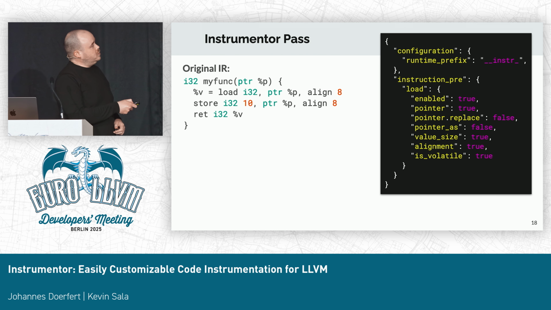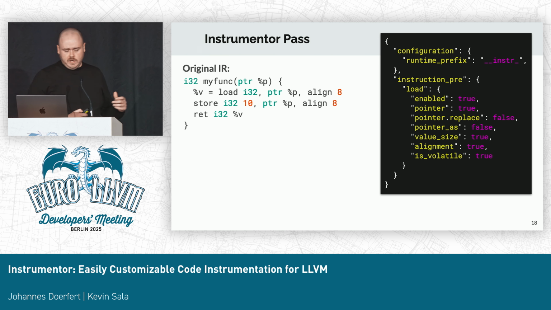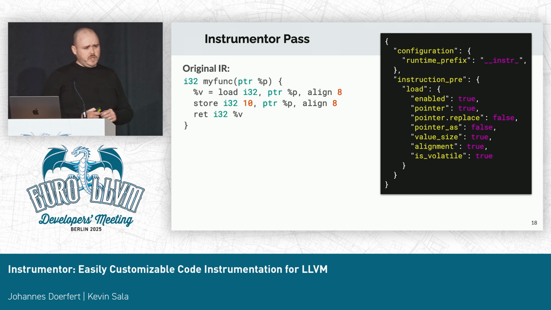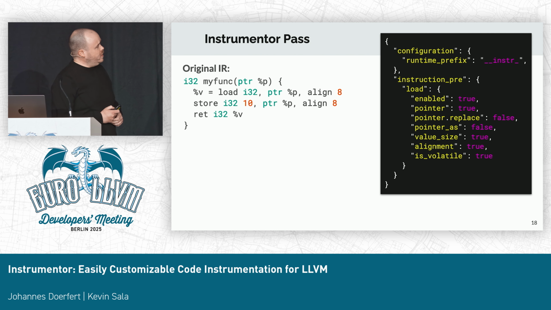We are just doing it for the load operation here. We enable the instrumentation for that instruction. And the other options are for saying what information we want to forward to the runtime component. For instance, we will want to forward the pointer, the size of the access of the load operation, the alignment, and whether it is volatile.